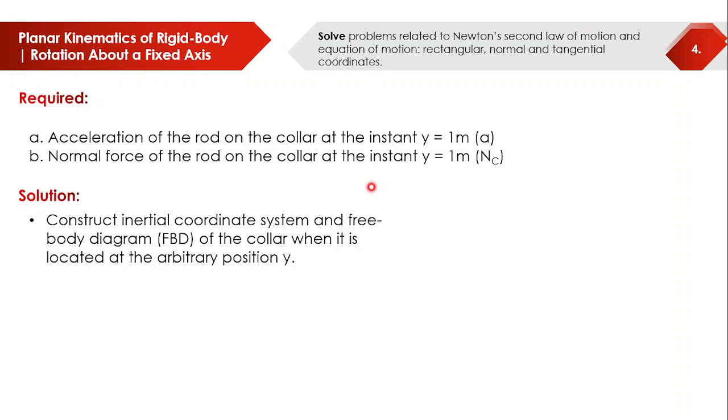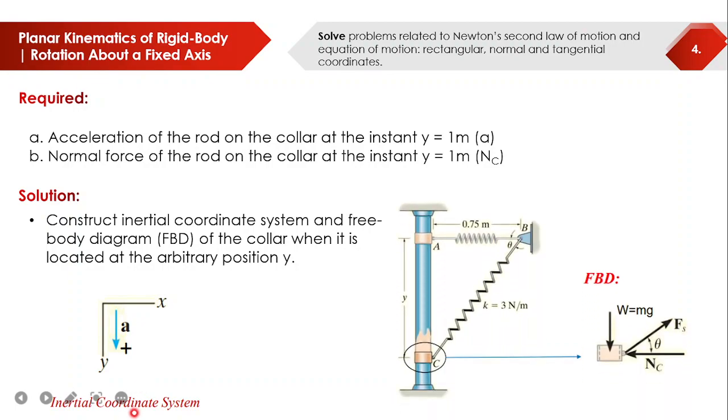So for the solution, obviously, draw the free body diagram and the inertial coordinate system. The movement of our collar will be downward, and that is also the positive sense in how we solve this problem. So that's your inertial coordinate system.